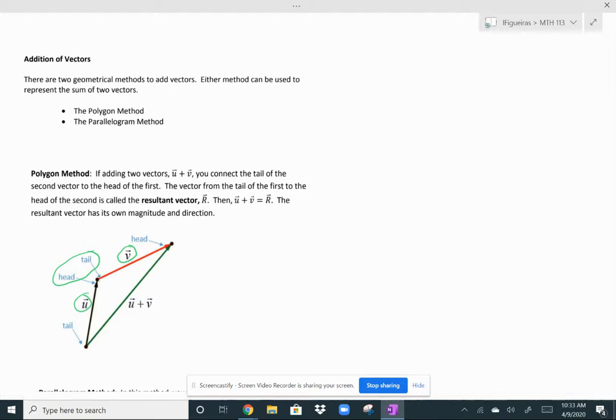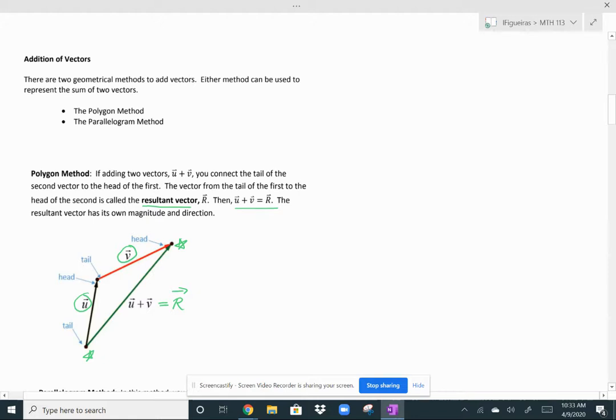Then the resultant vector, which is our sum, we'll call it r. If u plus v equals r, then the resultant vector is the result of connecting from the tail of the first, which is here, to the head of the second. So u plus v is represented by this green line on the picture.